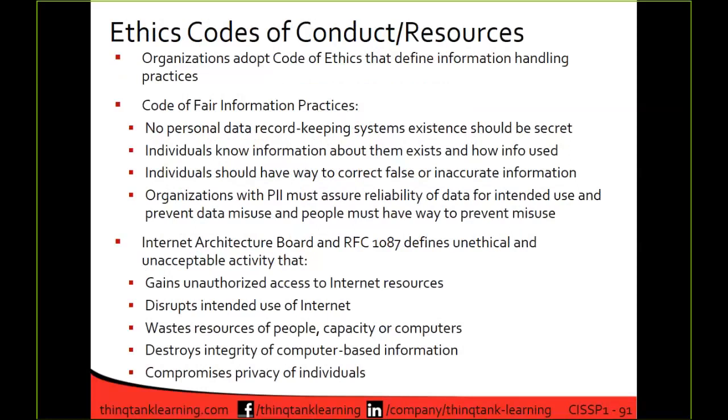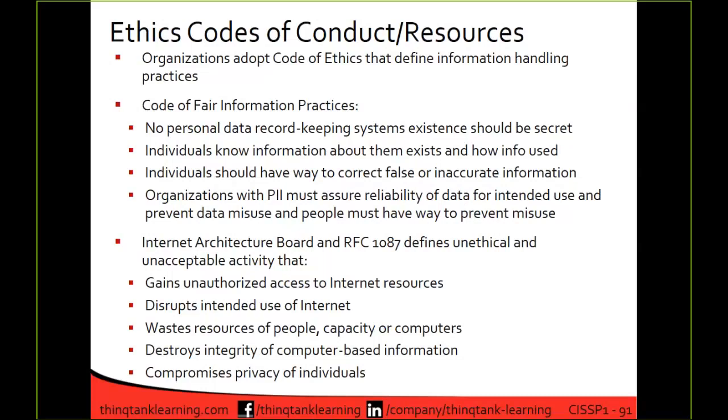Okay. Ethics, codes of conduct, and resources. Many organizations adopt codes of ethics that define information handling practices. The code of fair information practice, right? And these bullet points will make perfect sense. Number one, no personal data record keeping system's existence should be secret. Anybody that's storing information should be able to identify that information is being stored.